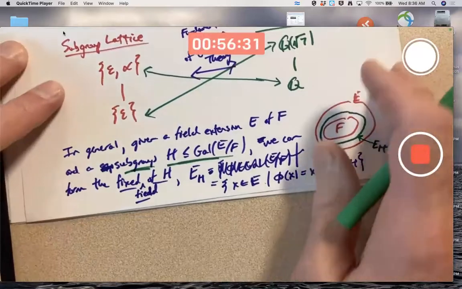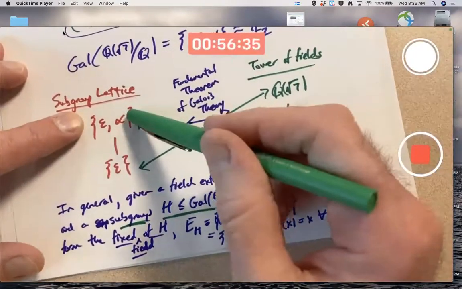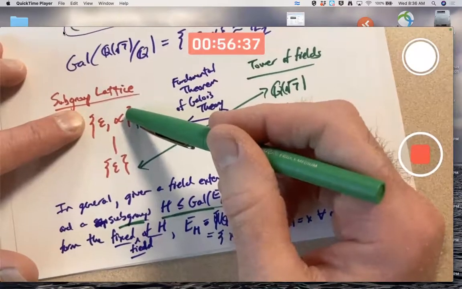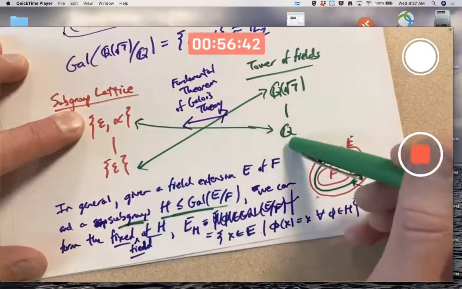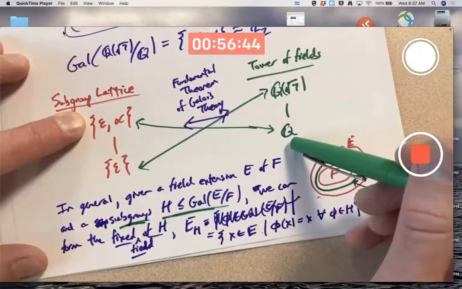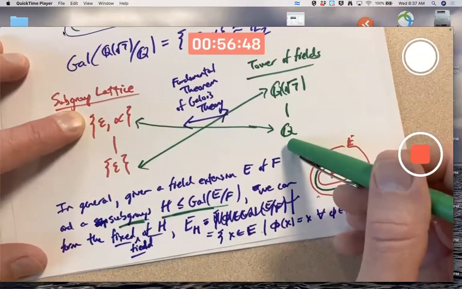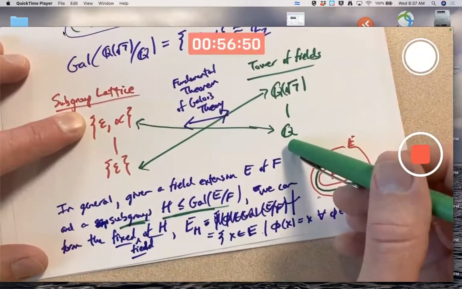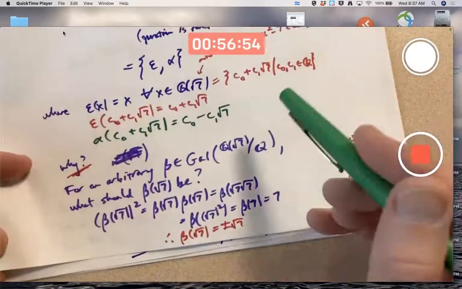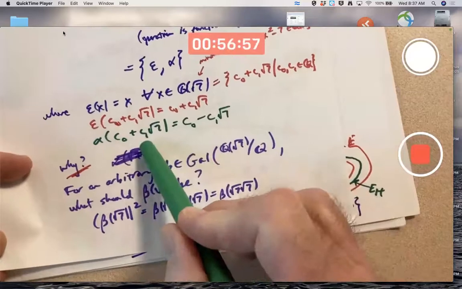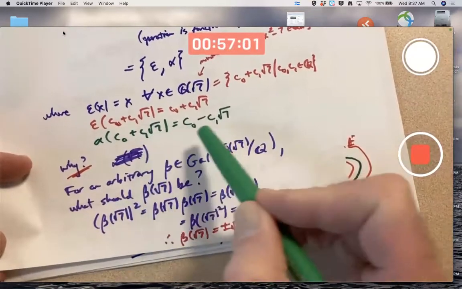Relating this to our simple example, what is the fixed field of the Galois group? The entire Galois group? It's all of Q. Epsilon and alpha both map all the elements of Q to themselves. Epsilon was the identity mapping, and alpha, yeah, if C1 is 0, so that this is a rational number, just C0, its output is going to be C0.